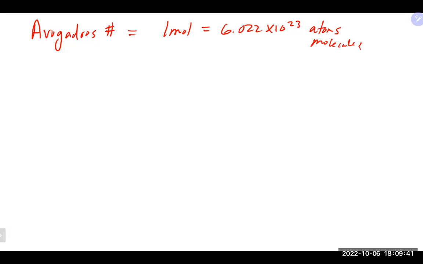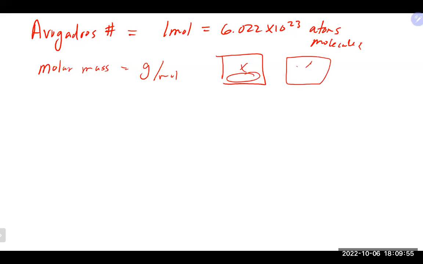The other really important one that we use is molar mass. And molar mass has units of grams per mole. It is basically taken from the periodic table, all the bottom numbers, which are the atomic mass, but an equivalent number for the molar mass.